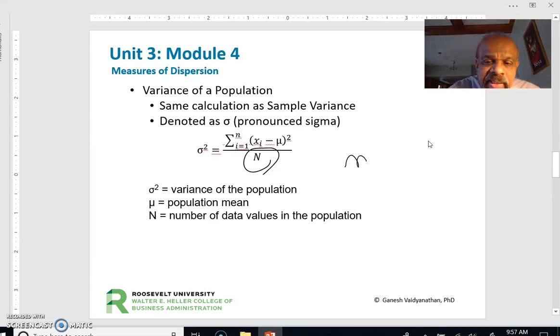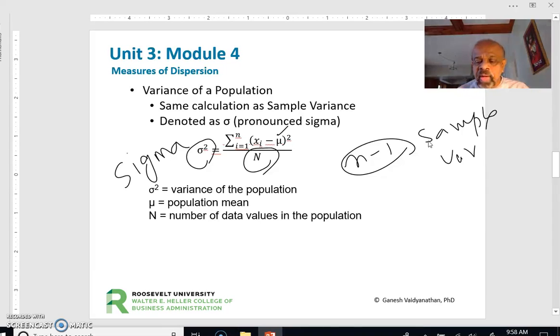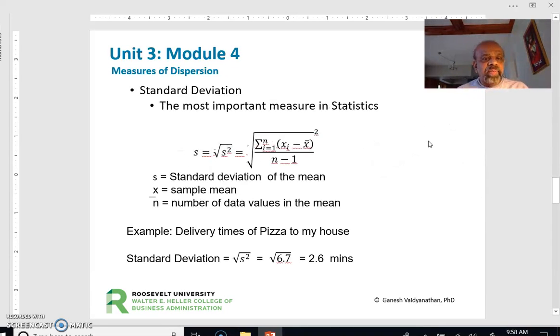You're not taking n minus 1 as in the sample variance, whereas in the population variance, you're going to just take the capital N, which is just the number of data values. And of course, mu is the population mean. And instead of s, we are using a Greek letter called sigma. Okay, so that's how you calculate the population variance.